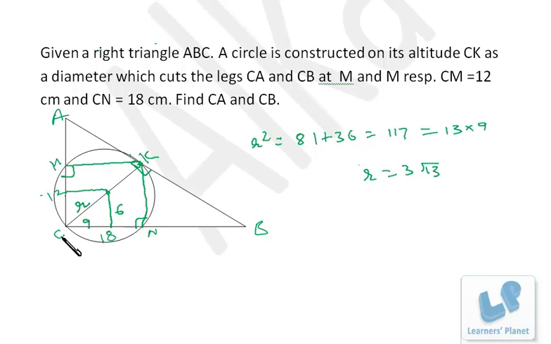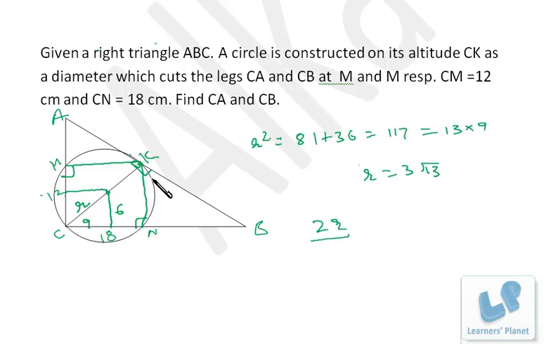Okay, so first of all, I take triangle CKB and triangle CKN, right? CKB is the original triangle, CKN is the triangle inside this. So CKN and CKB, both of them will be similar to each other. So I can equate the sides. Let's do that. Now in triangle CKN, the side opposite to 90 degree is what? CK, that's 2R.